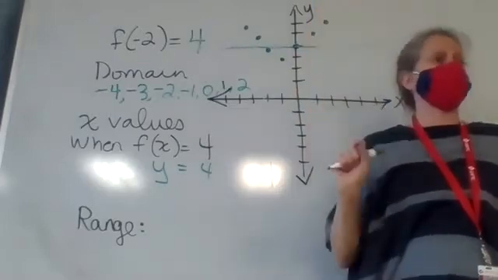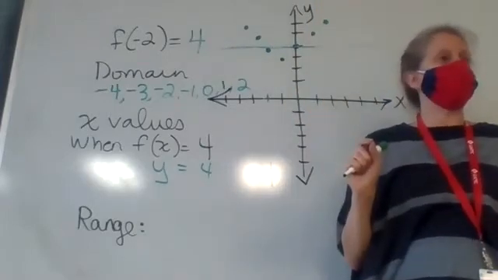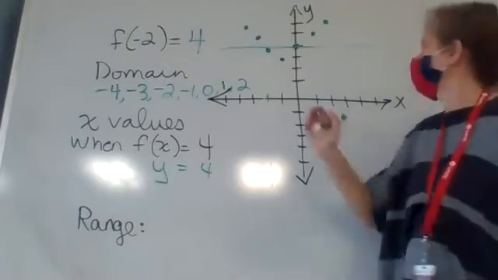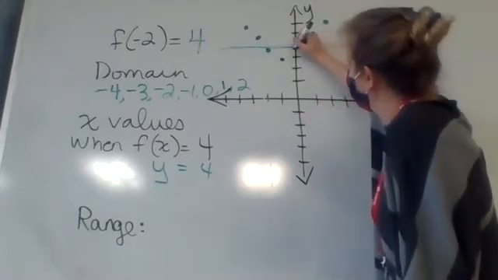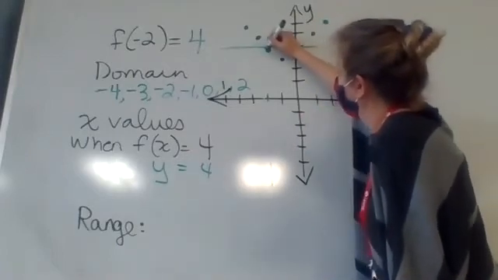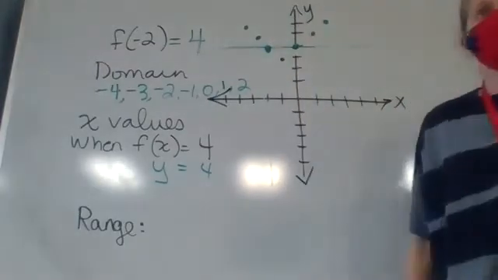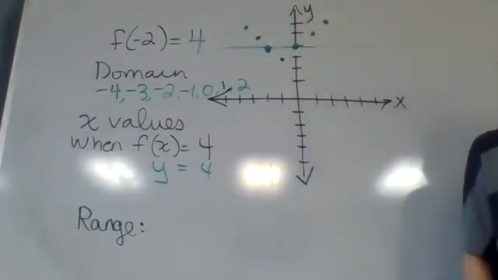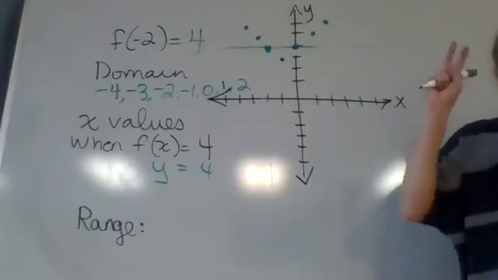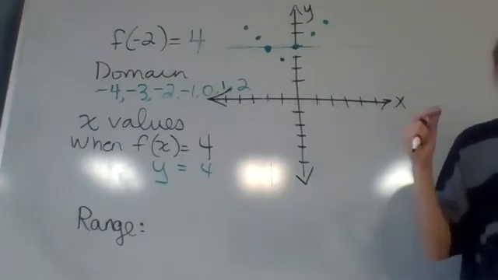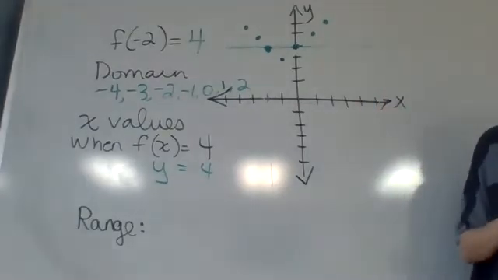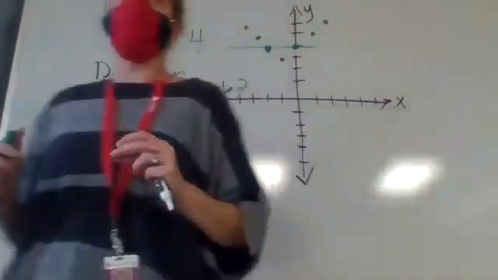So there's actually more than one point that has a y of 4. This point has a y value of 4 because it's gone up 4. But this one's also gone up 4, hasn't it? It's lined up with the 4 on the y-axis also. So there are 2 points that have gone up 4, or have a y-coordinate of 4.